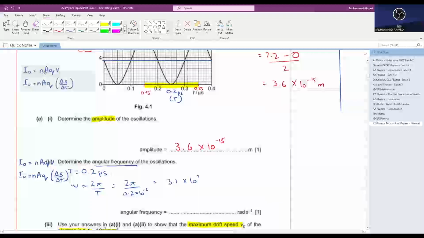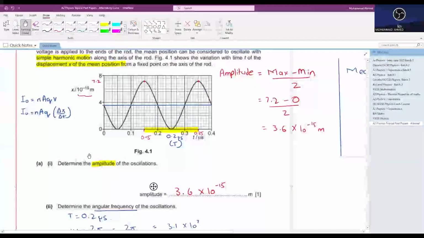So if you see here, at these points, at 0.05, at 0.15, at 0.25, and at 0.35, you will notice that at these 4 points, if I draw a tangent to calculate the gradient, I will get a gradient of 0 because this is a horizontal line.